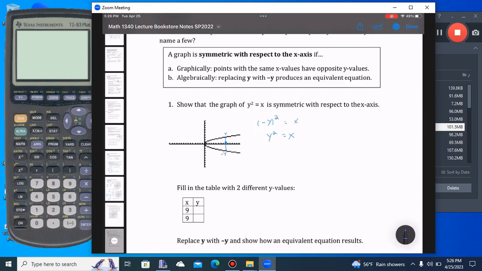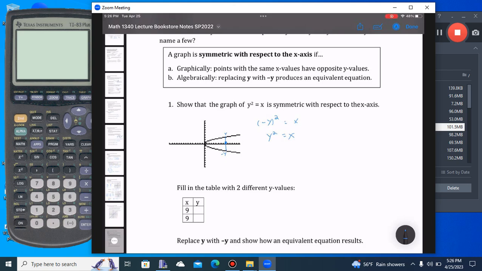You put in the negative value of the y. This is only the test for the symmetrical to the x-axis. Put in the negative value for y, and if it gives you the exact same equation, then it's symmetrical to the x-axis. And that's because that y has been squaring out any negative.